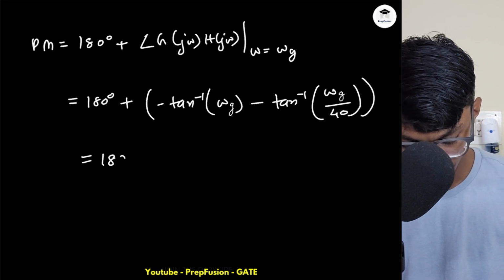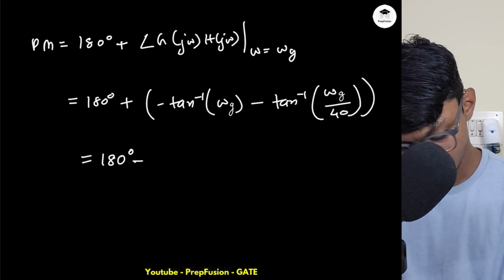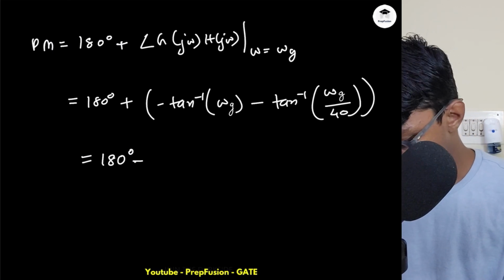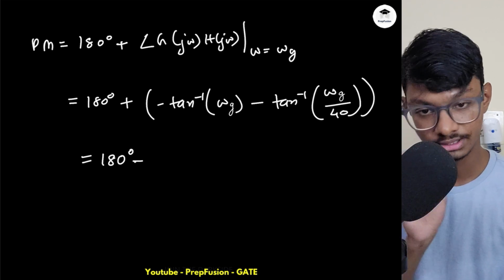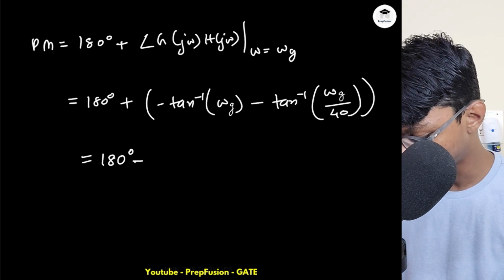So this is 180 degree minus, now omega g was how much, 26.63, right. Do take care of degrees and radians in your GATE calculator. It will be very important.